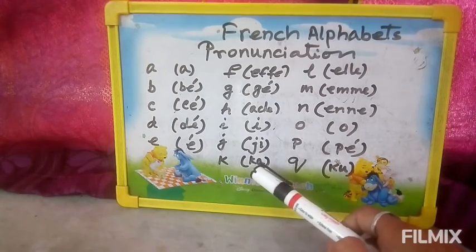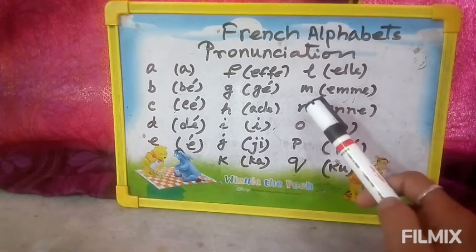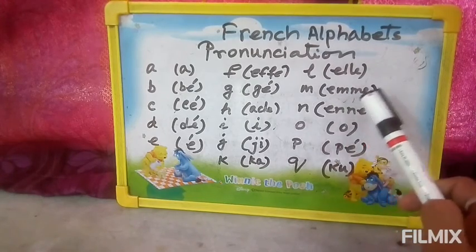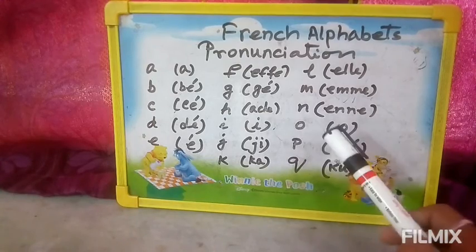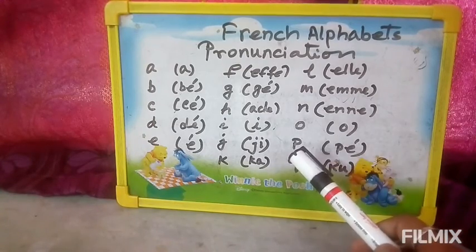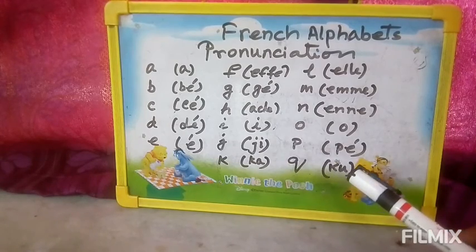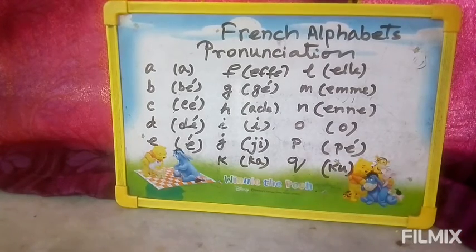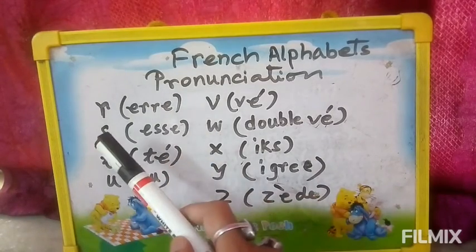K, French pronunciation ka. L, French pronunciation L. M, French pronunciation M. N, French pronunciation N. O, French pronunciation O. P, French pronunciation P. Q, French pronunciation Q. R, air.